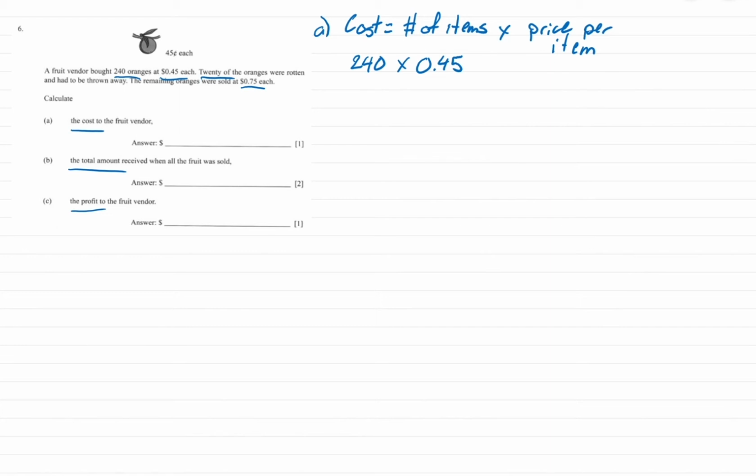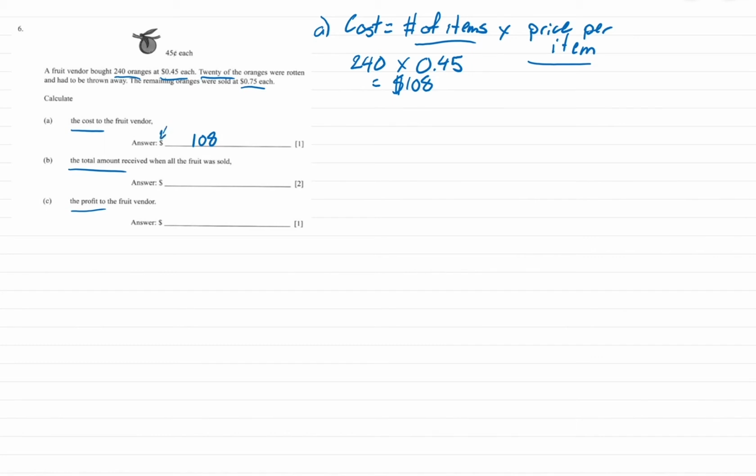If you punch that into your calculator, you should get $108. So that's how we calculate the cost. It's going to be the number of items multiplied by the price per item. And they gave us that in the question. So we're just going to write 108, and notice that they already have the dollar sign here.